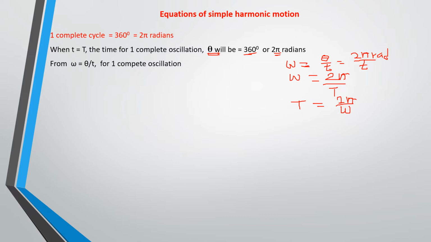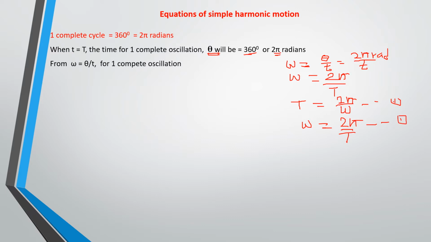Or you can say that angular velocity is equal to 2 pi over period. So these two equations are very important. So take note of them.